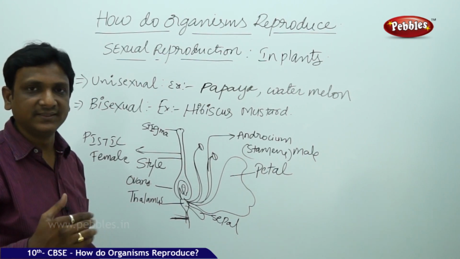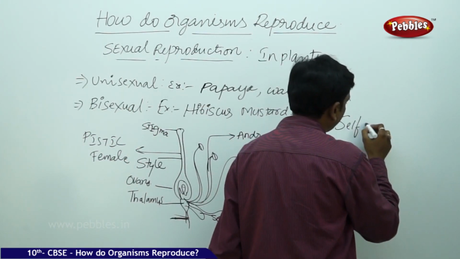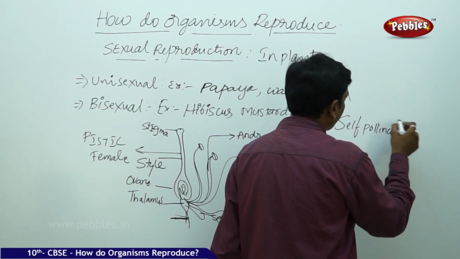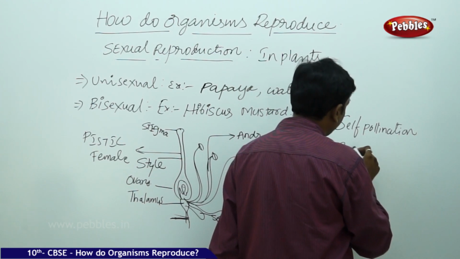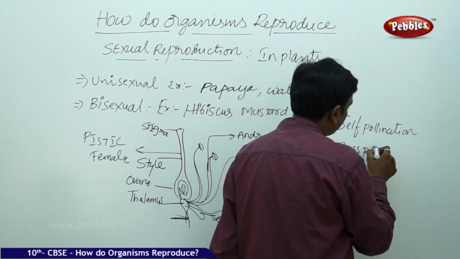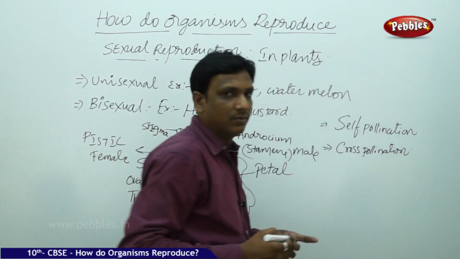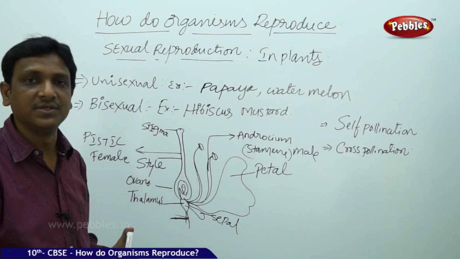If it takes place within the flower, you call it self-pollination. If it takes place between two different flowers, you call it cross-pollination. Two different flowers here means not flowers of different species, but of the same species.